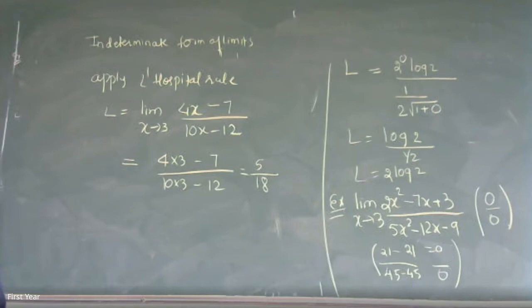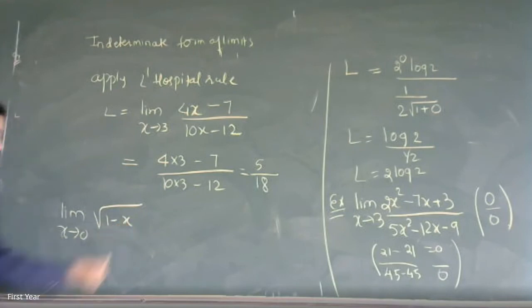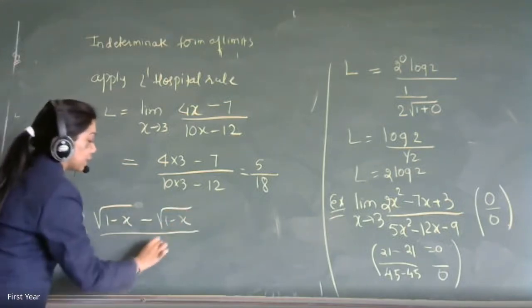Now, one more question, so that your confidence increases that you are getting the answer. Let us take a bit lengthier question. Evaluate the limit as x tends to 0 of root of 1 plus x minus root of 1 minus x divided by x.